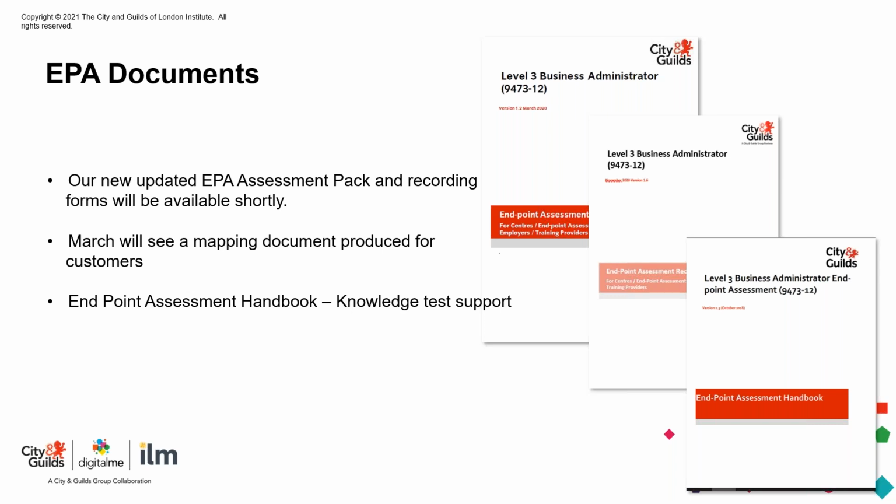And just as a reminder, we've also got on our website the endpoint assessment handbook that I mentioned previously, which sets out the content that needs to be taught to prepare apprentices for the knowledge test component of the endpoint assessment, as well as the endpoint assessment pack.